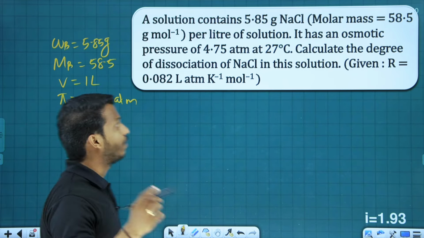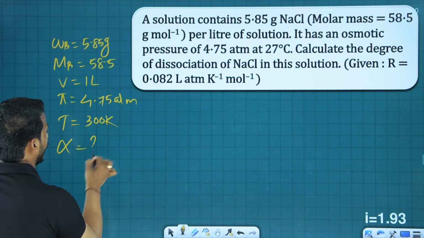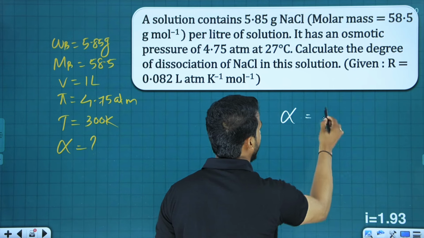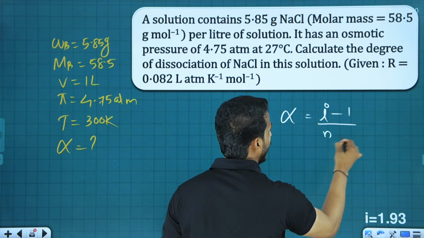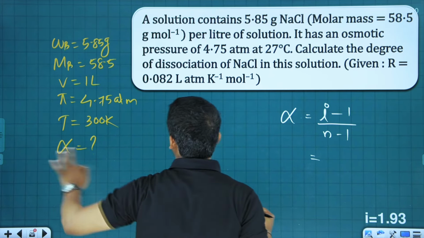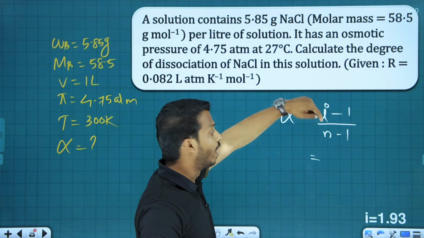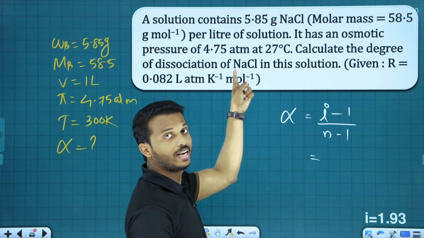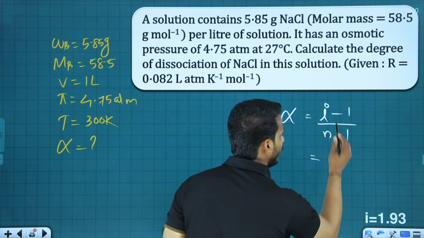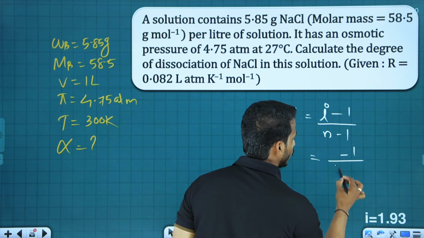Calculate the degree of dissociation alpha for NaCl. What is the expression for degree of dissociation? I minus 1 by n minus 1. So from all this data we need to calculate the I value. The n value we already know for NaCl. How many ions are given by NaCl? 2. So I minus 1 over 2 minus 1.